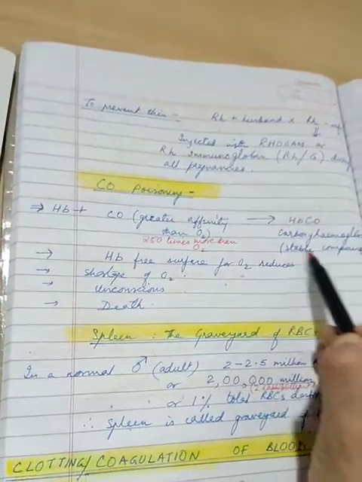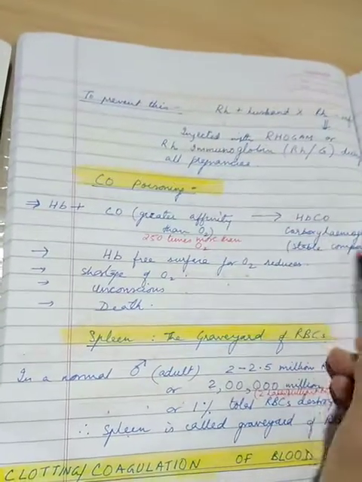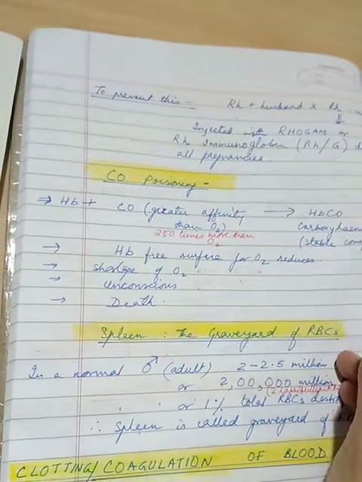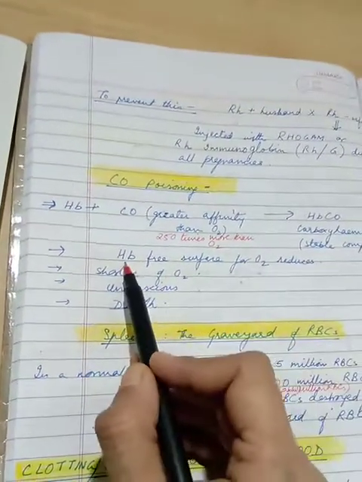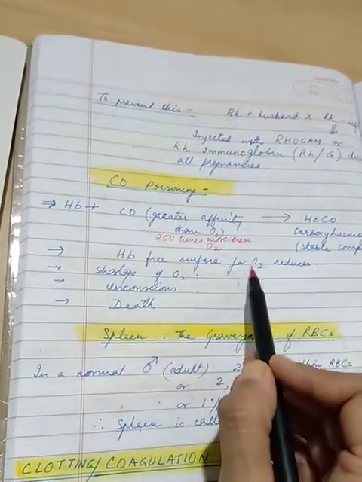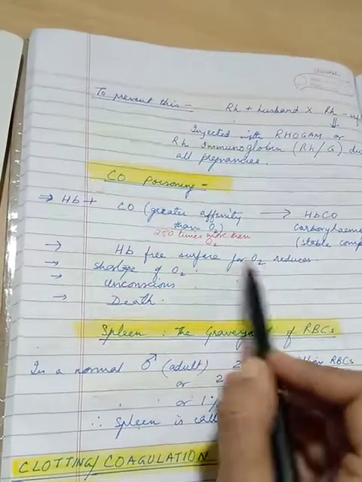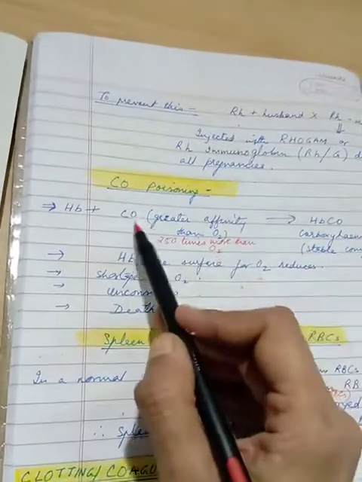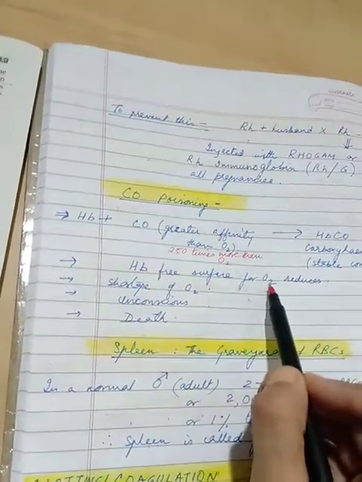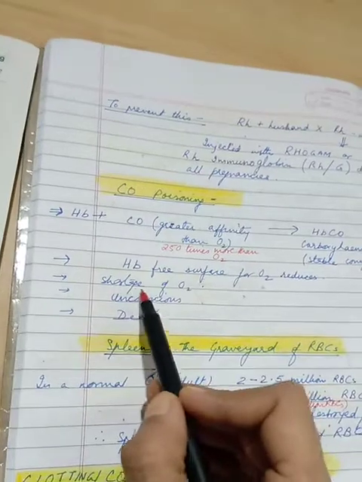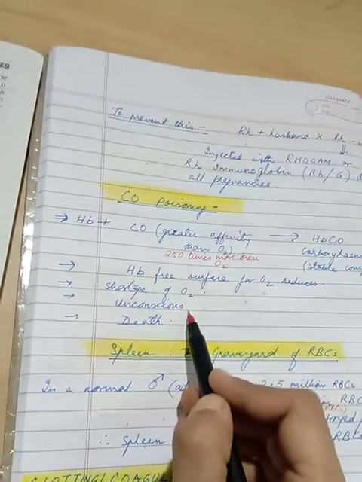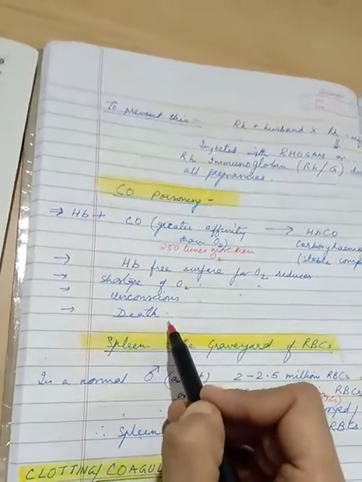Now whenever this is formed, this compound cuts down the available oxygen, right? Why? Because the hemoglobin surface that is free is no longer available for oxygen, because the surface is occupied in conjugating with the gas CO. In this case, there is an acute shortage of oxygen, which leads to unconsciousness and also death.